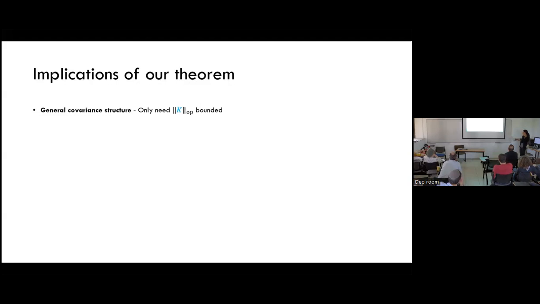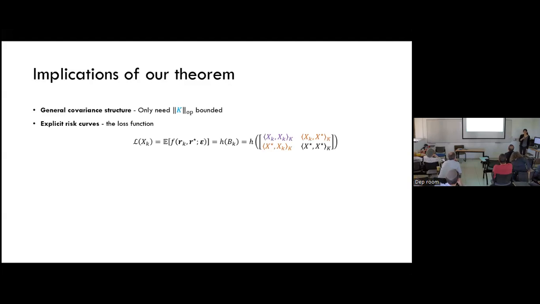So this works for general covariance matrix structure, and going exactly to your question, how do I write the loss function from this equation? The idea is that my loss function is a function only of the inner product of x with a and x star with a, and these are just Gaussian vectors whose norm and correlations are essentially related to one another with just one power.